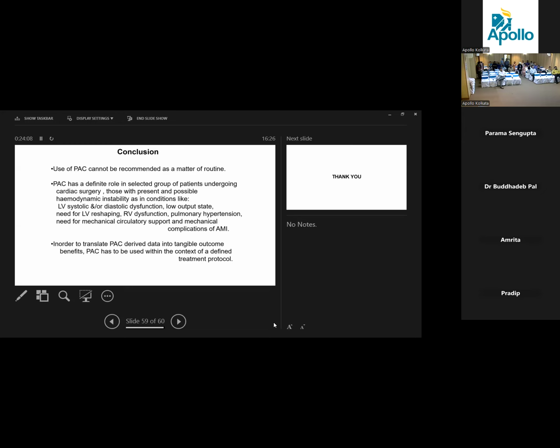In order to translate PA catheter derived data into tangible outcome benefits, PA catheters have to be used within the context of a defined treatment protocol.